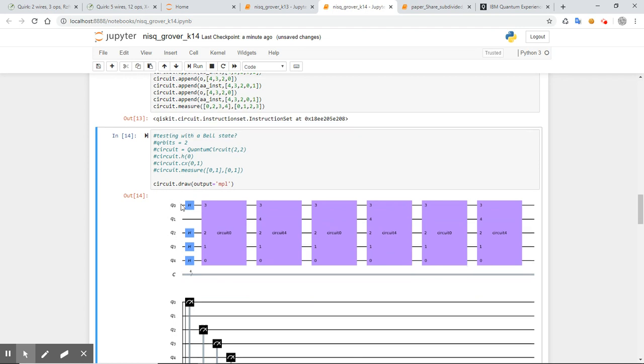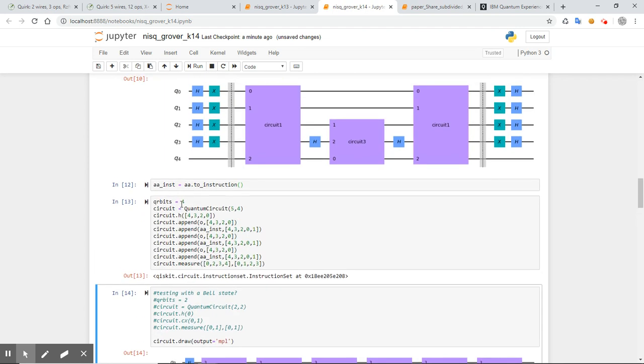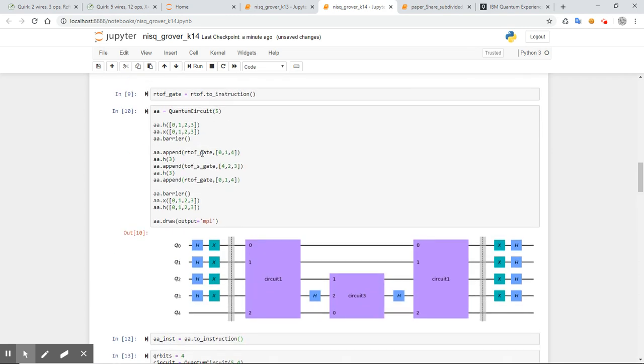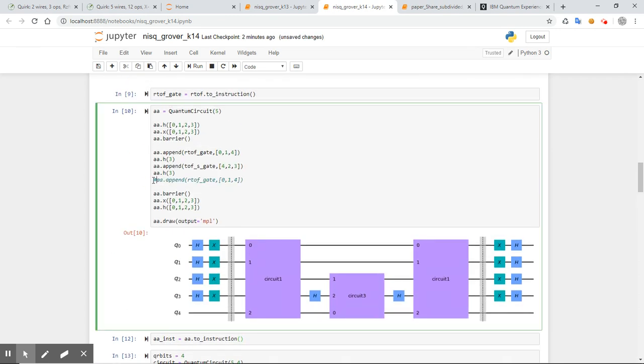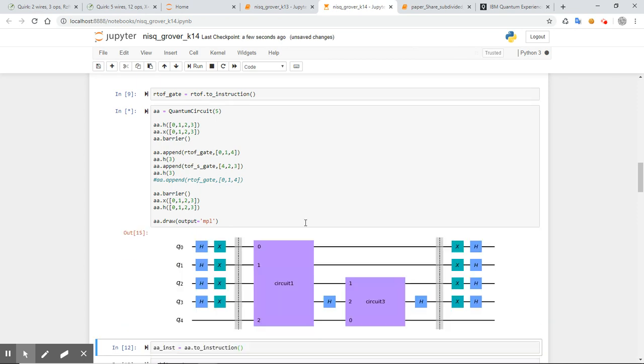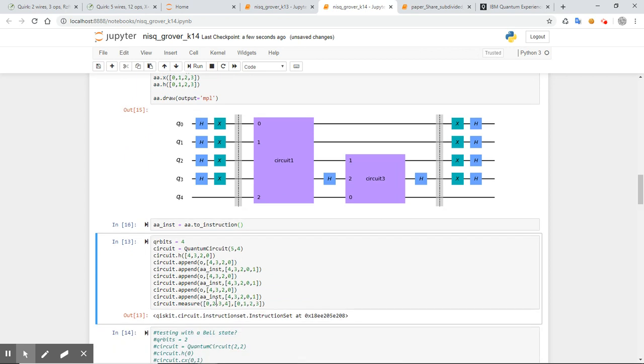But let's see what happens if I measure it. Okay, let's do the experiment. So let's not do these, and now let's simply measure 1 as well. So let's have 5 in here.